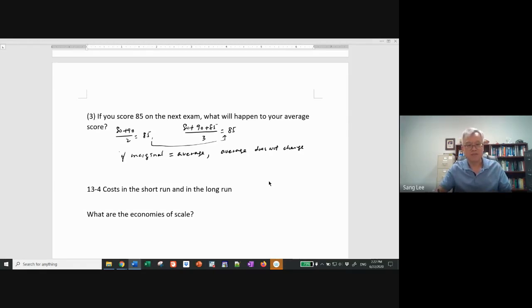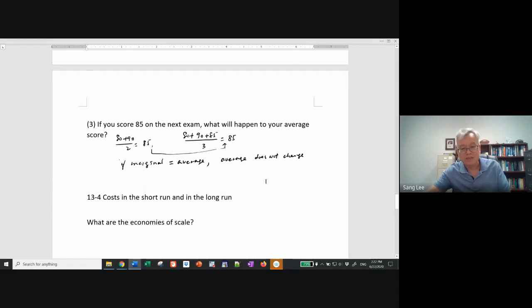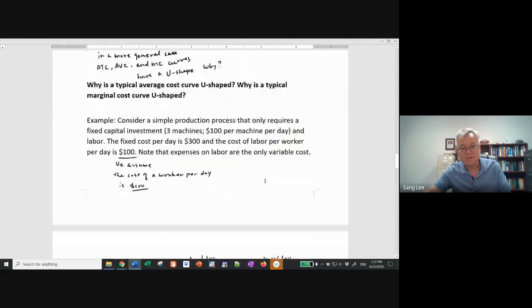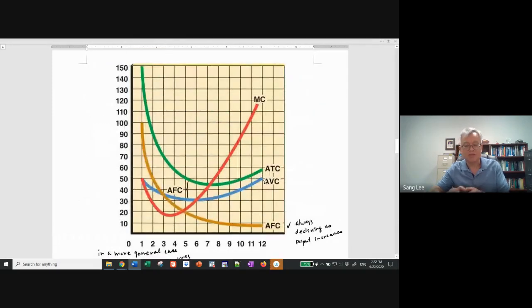Okay? So that's why if you look at the graph, let me go back to our previous graph here. What do you see here? So here, marginal cost curve. That means what? You take one more exam or you produce one more unit. That's a cost. And then average.